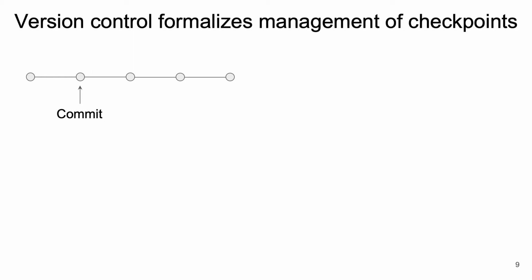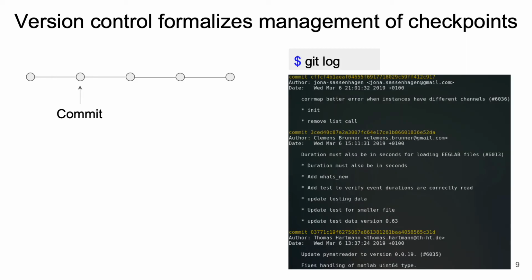But you get a lot of control over what you put in a commit. A commit is a meaningful unit where you can put certain changes that you have made. And you can look at what commits you have made so far. Every commit comes with a commit message. So with git log, you can see the list of commits here.